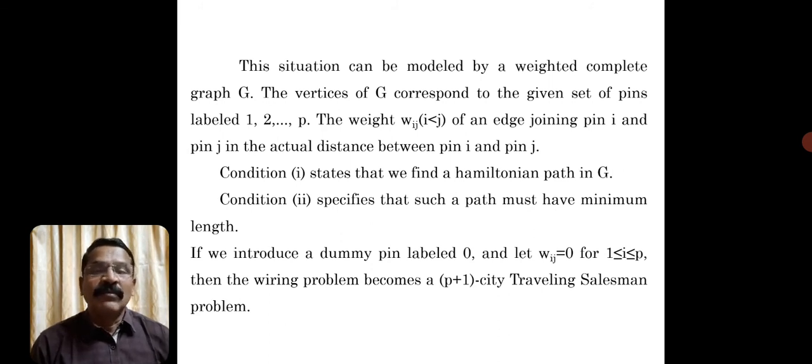Initially we considered P vertices. After that you introduce one more dummy pin, which implies you get a closed path, that is a Hamiltonian cycle. So that could be the P plus 1 city traveling salesman problem.